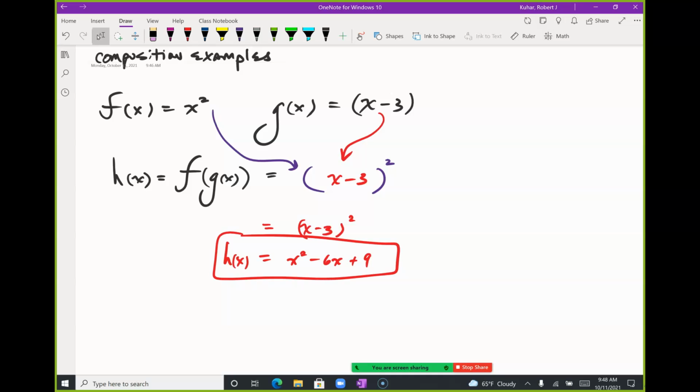What's the domain of f here? Anything, right? What's the domain of g here? Anything, right? So in this case, I might be safe, but if I now go look at h and I ask what's that domain, obviously anything goes there, right?